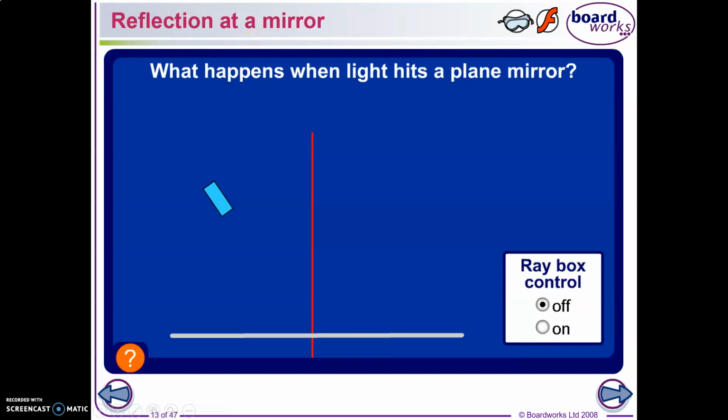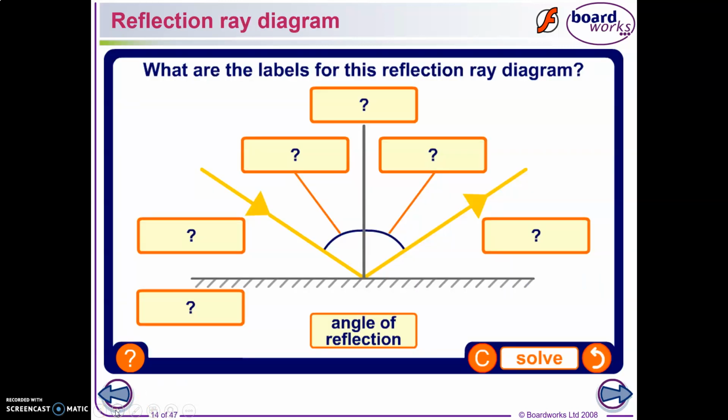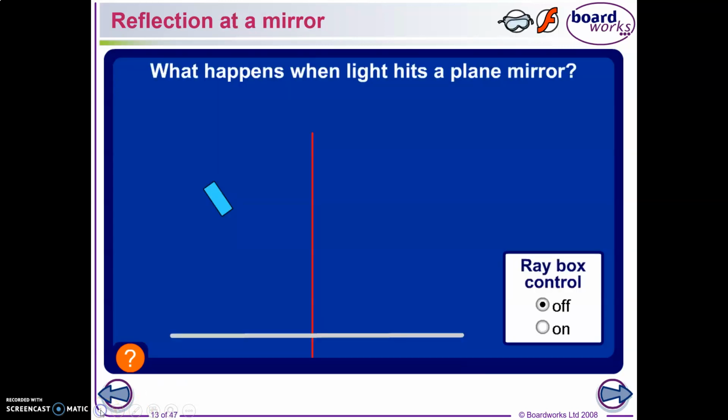This is to explain the reflection at the mirror. What happens when the light hits a plane mirror? So this is the mirror, and this is called the normal line. Do you remember that? The line which is perpendicular to the surface of the mirror is called the normal line. Let's try that again.